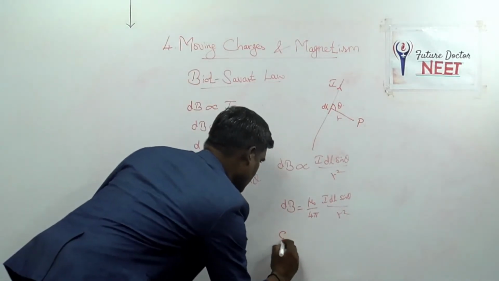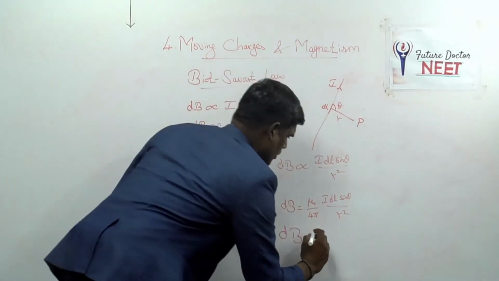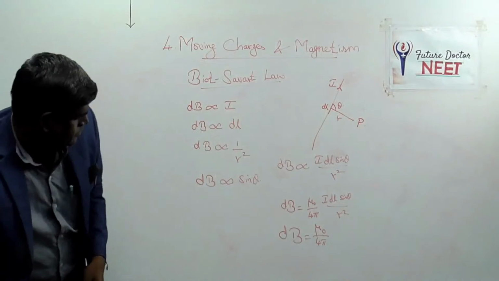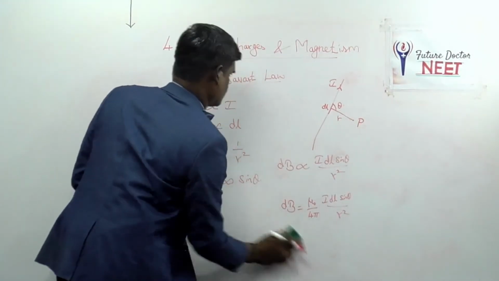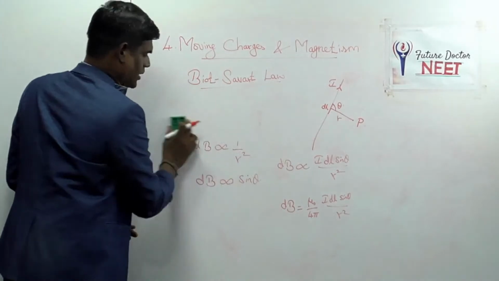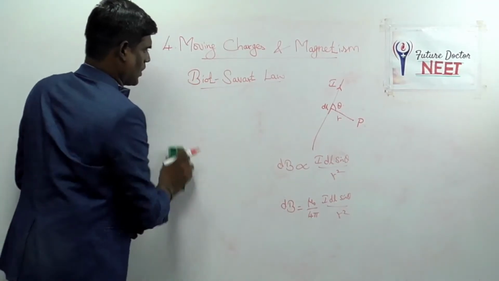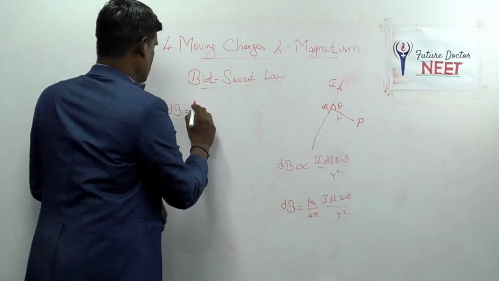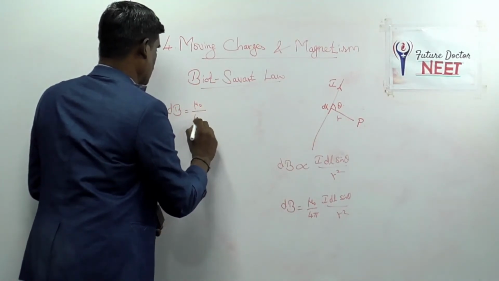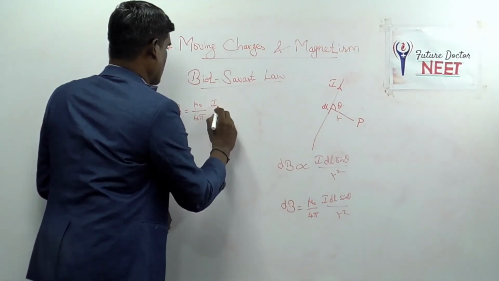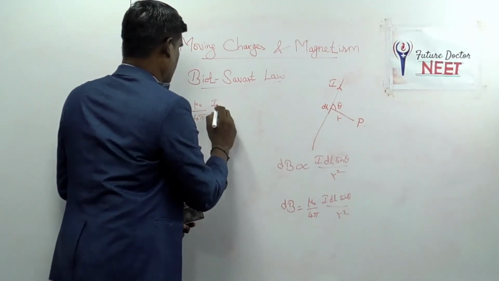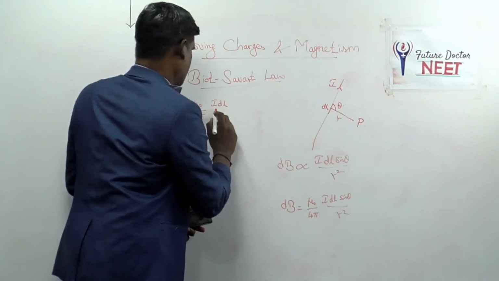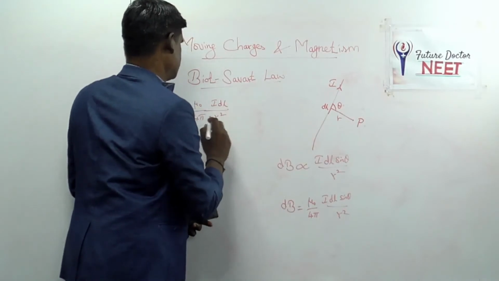Therefore, dB equals mu naught by 4 pi into I dl cross r by r square.